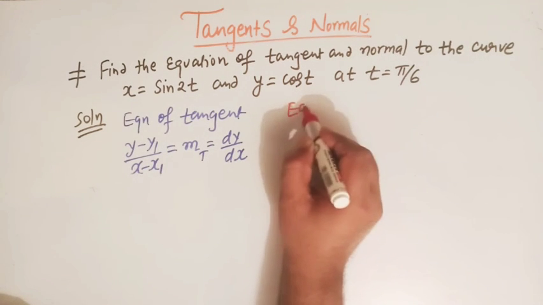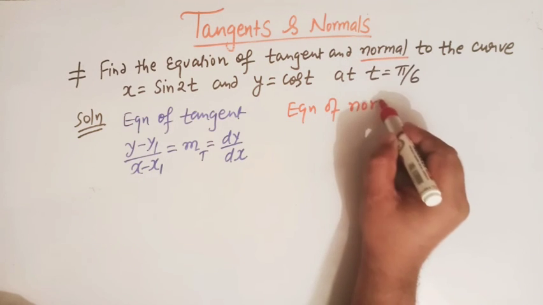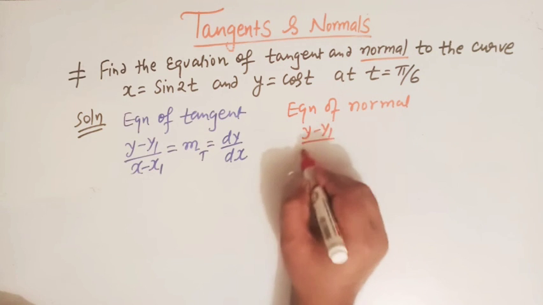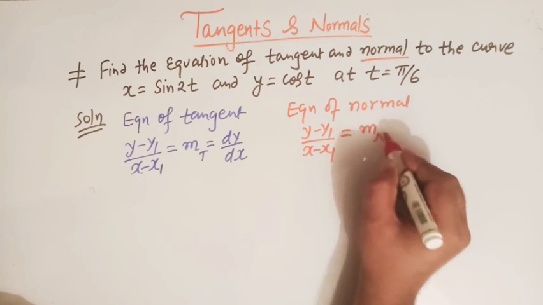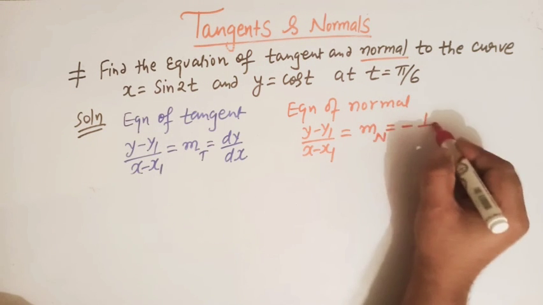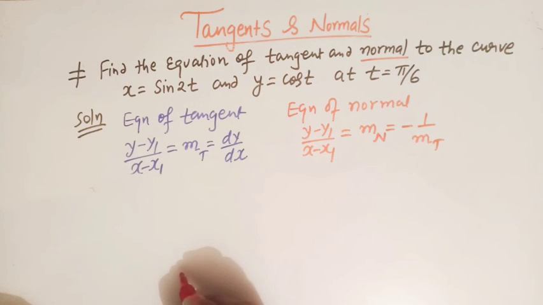So the equation of normal is (y minus y1) divided by (x minus x1) equal to the slope of normal, which is equal to minus 1 over the slope of the tangent, right?